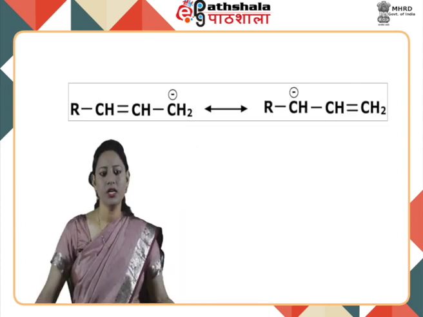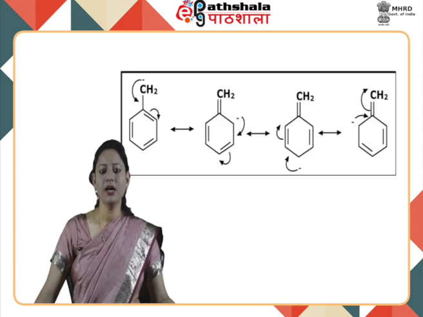So, if you are asked which is more stable amongst benzyl and allyl carbanion, the answer is that the negative charge is delocalized through resonance in both benzyl and allyl anions. So, which will be more stable? That is the question. Here we will see that the benzyl anion has more contributing structures. Thus, it is the benzyl anion which is more stable than the allyl anion.